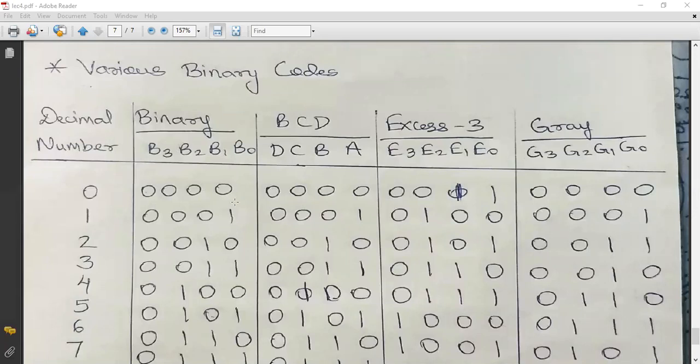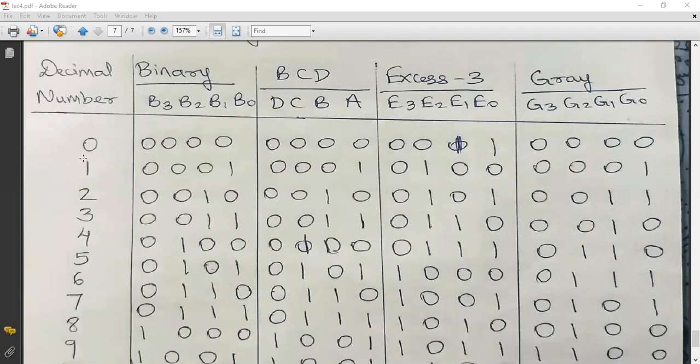BCD form is the same as binary form, four 0s for decimal 0. Now excess 3. What are we going to add? We are going to add 3 in order to get excess 3 form, so the answer is 0011. And the gray form will be the same, 0000.